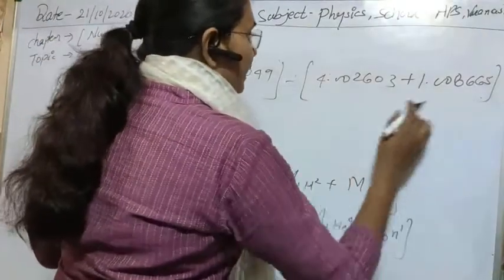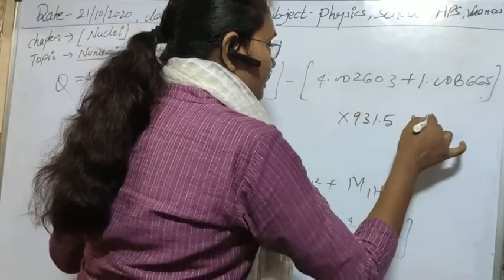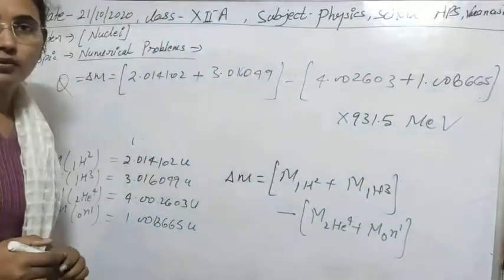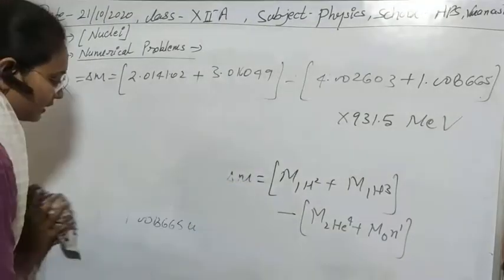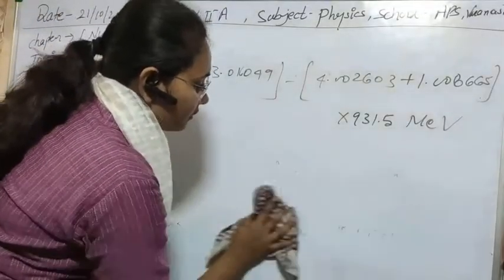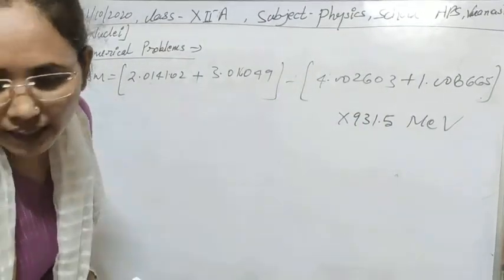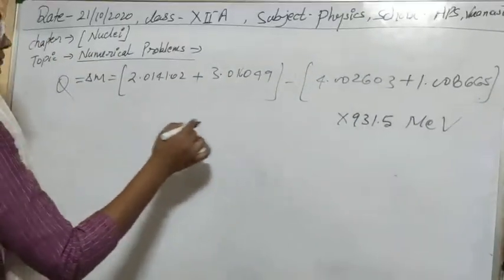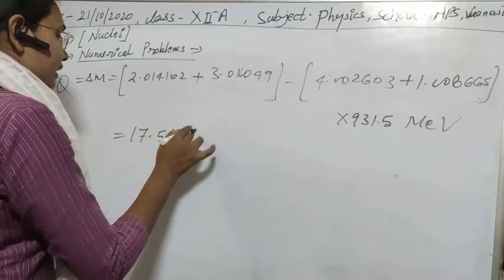If we multiply this whole term by 931.5, it will be converted into mega electron volt. So we can calculate the final value of energy released in this equation, and that value will be 17.58 mega electron volt.